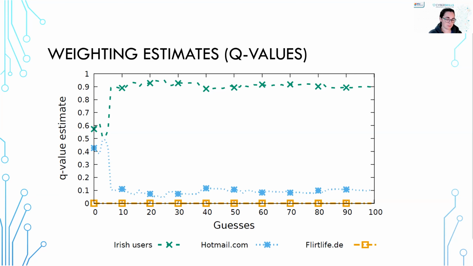And we can see that by 10 guesses, when we're guessing computerbits.com, even though there's no actual overlap in the users between the two, the Irish users dictionary and the computerbits.com password set, it immediately sees that the Irish users' passwords are the best match. So it gives them a 0.9 weighting.